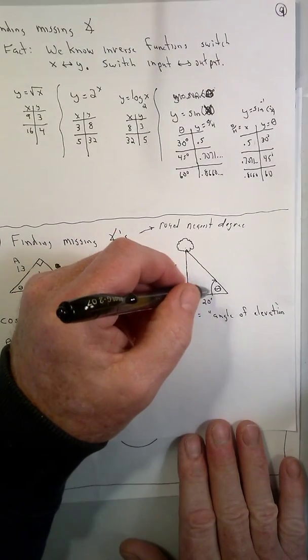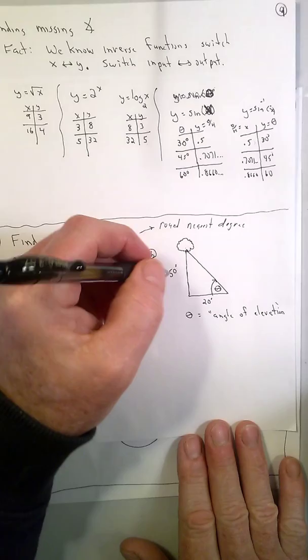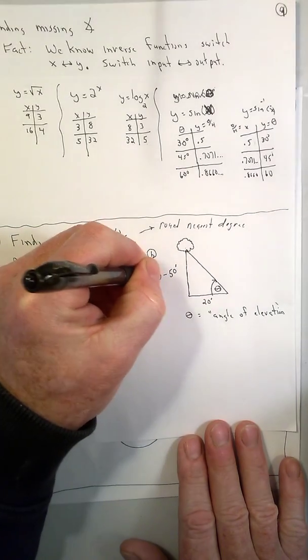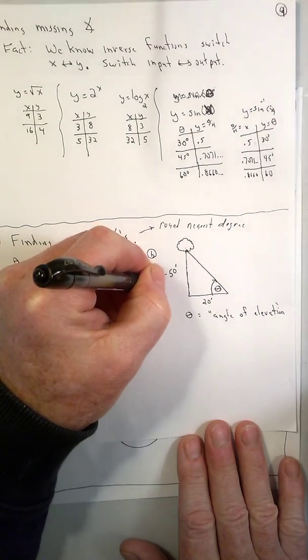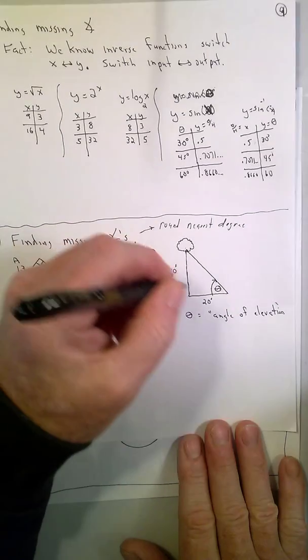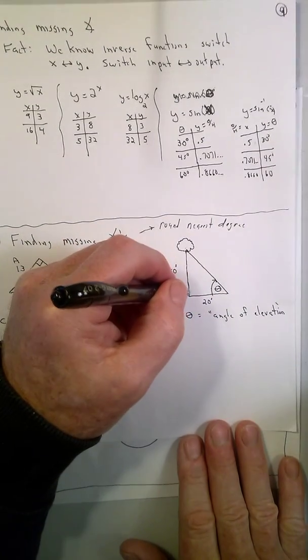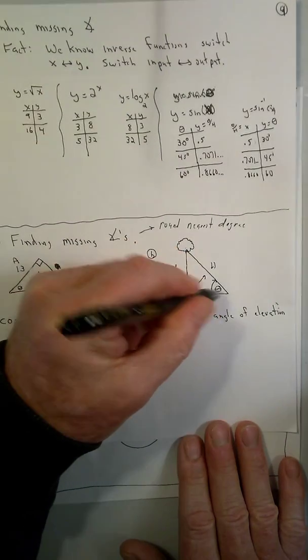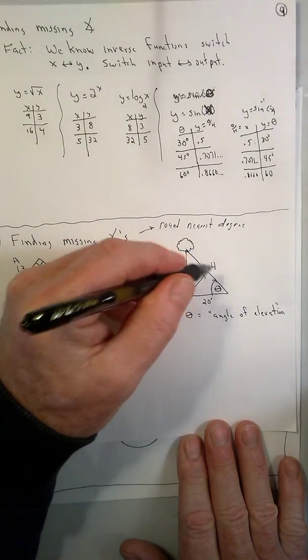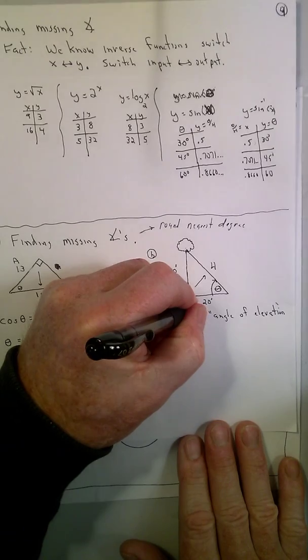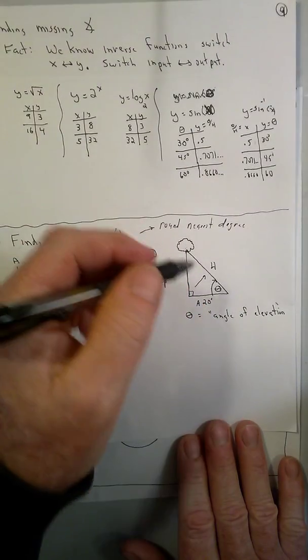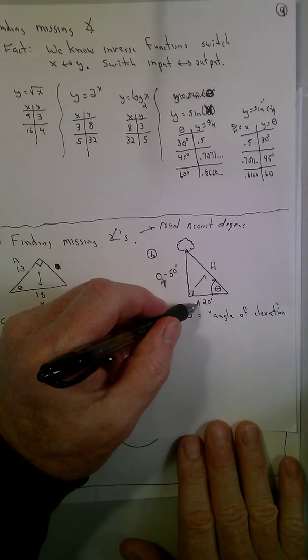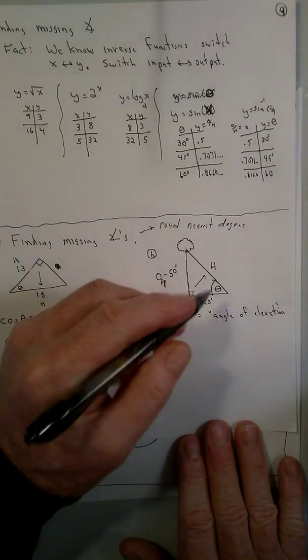So you say, okay, if I stood on this angle and named these sides, this is the opposite side. And this is not the hypotenuse. There's the hypotenuse. The side that makes the angle is the adjacent side. So this is the adjacent side. So opposite over adjacent is tangent.